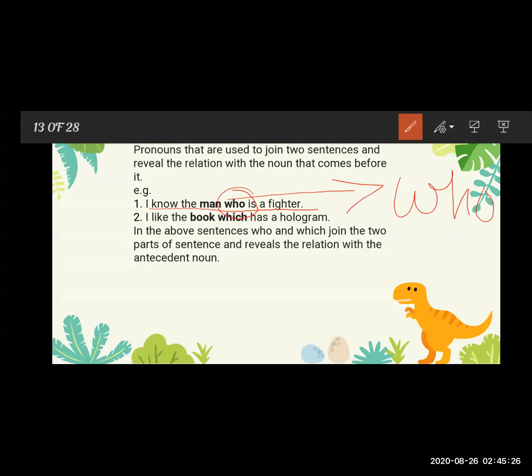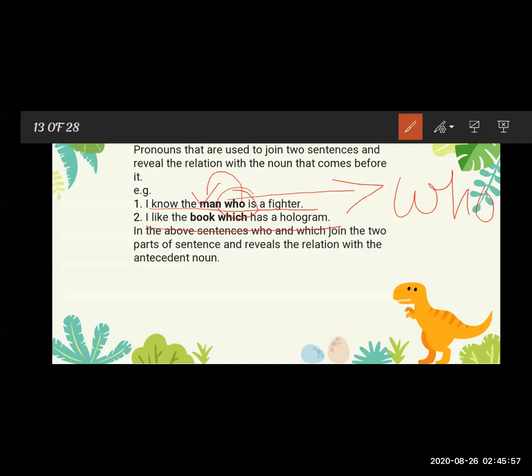Who is also a man. I know the man, and the man is a fighter. These two clauses, these two sentences, are joined here with who, and who is showing the relation with the man.